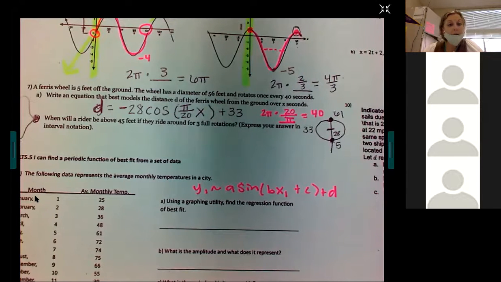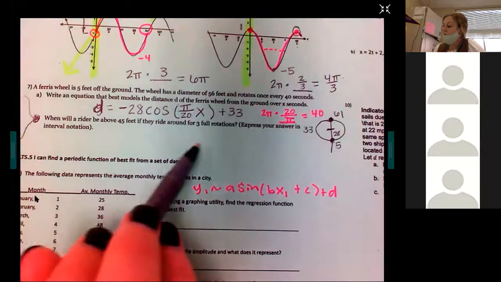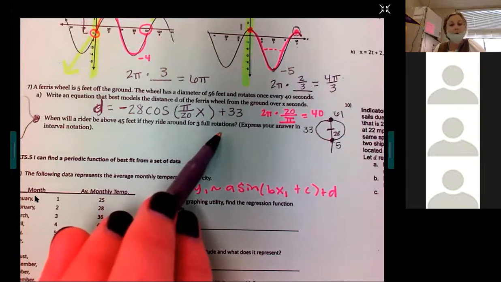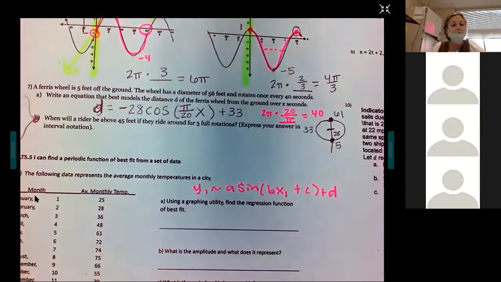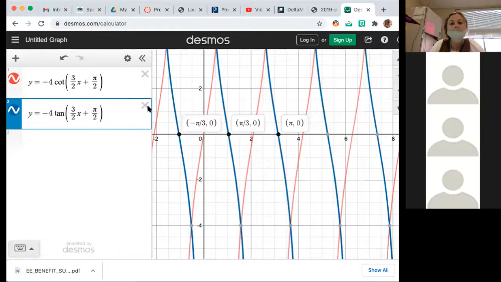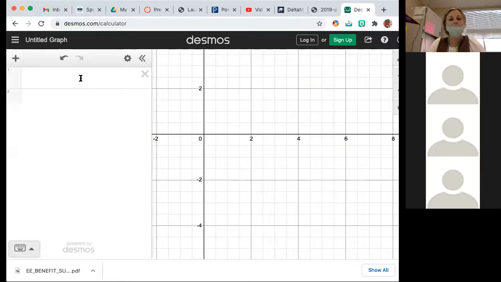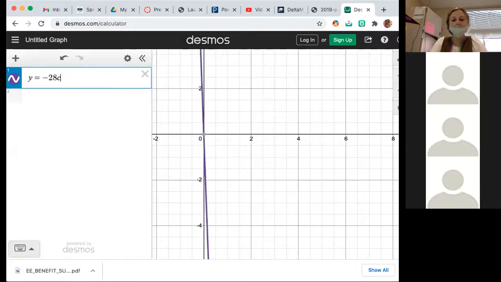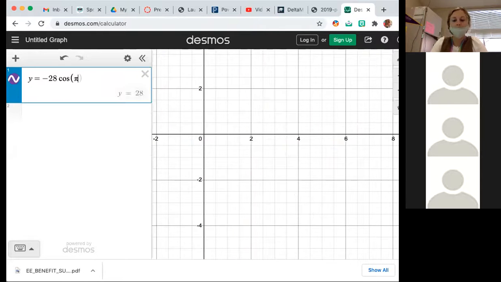Now for part B, when will the rider be above 45 feet if they ride for 3 full rotations? Where can I go put this equation to figure that out? Desmos. So I'm going to switch to Desmos. I'll put in my new trig graph. Y equals negative 28 cosine pi over 20 x plus 33.